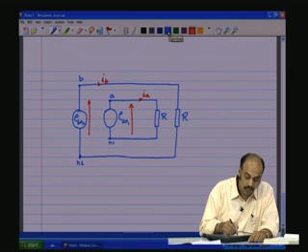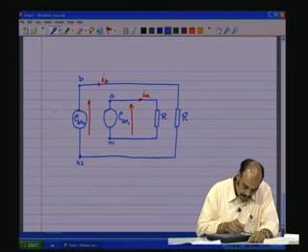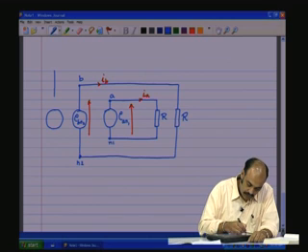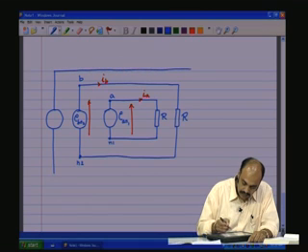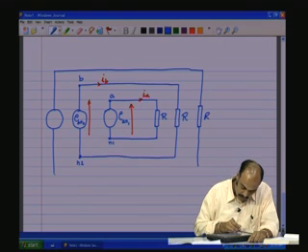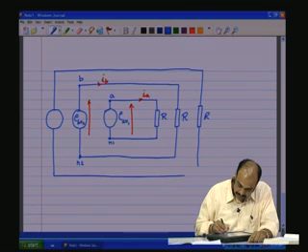Now, I put one more, the third. I have one more source which is also supplying a load resistance R, and that is also not electrically connected to the other two sources.